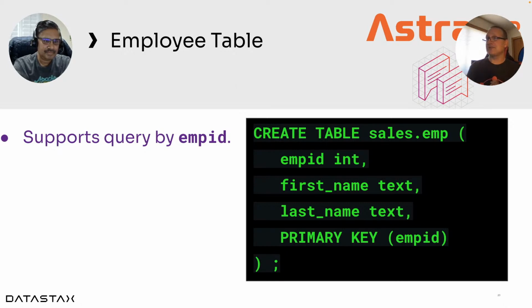We're just doing a create table, sales for the keyspace, .emp for employees. It has an employee ID, that emp_id, then it keeps first name and last name. The main thing here is that we're defining our primary key by employee ID. So that's how we're going to query this table. This table is built to serve its data by that ID, so that's what we use when we pull data back on a per employee basis.